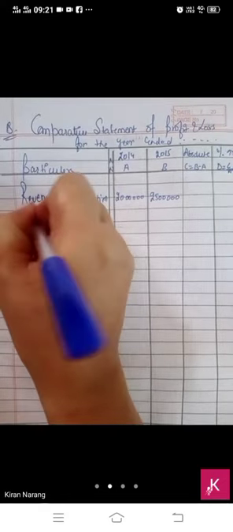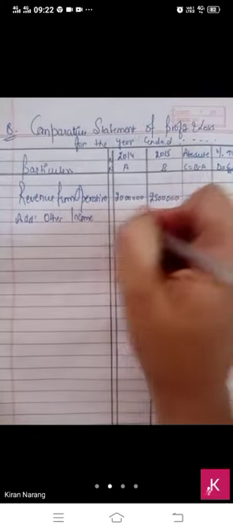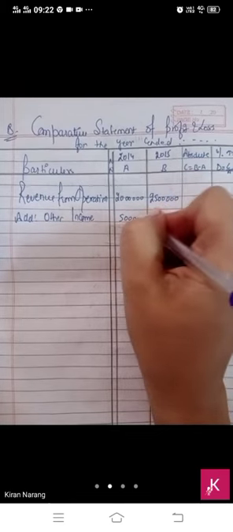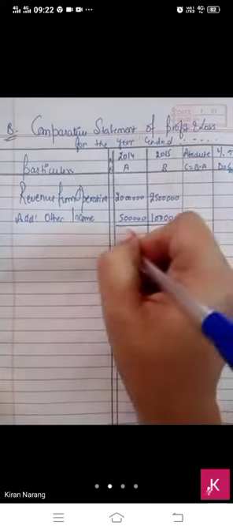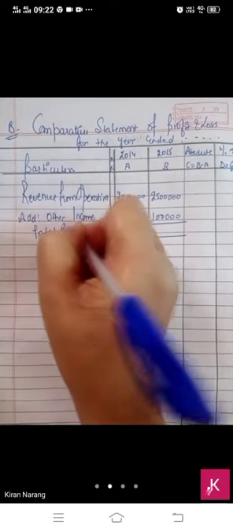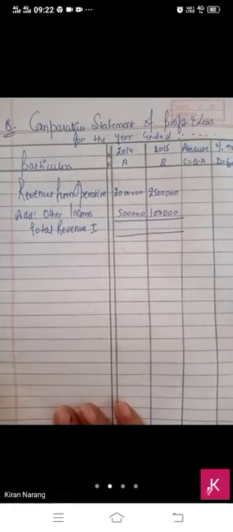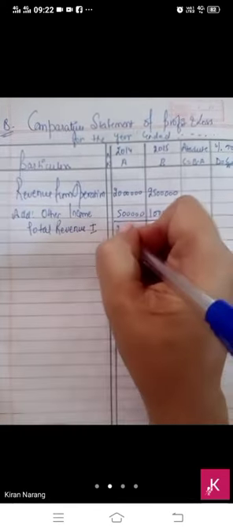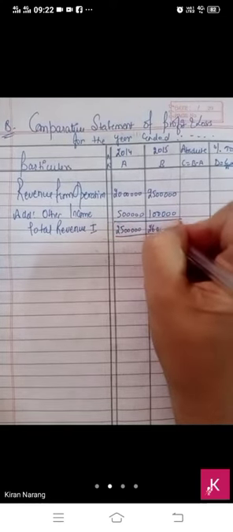You have to add other incomes, 5 lakh and 1 lakh. This will become total revenue, the first part of the question. Total revenue will be 25 lakhs and 26 lakhs.